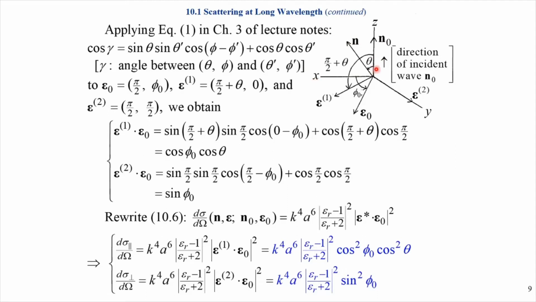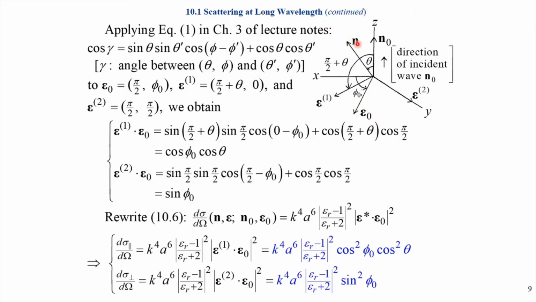So the angle is theta between them, and epsilon 0 is perpendicular to n0. Epsilon 0 is the polarization of the incident wave.